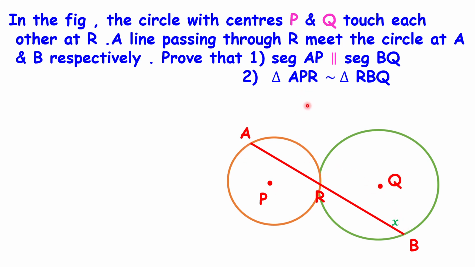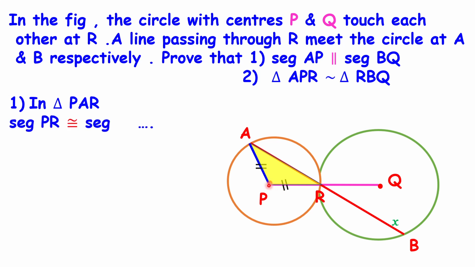Also, triangle PAR is similar to triangle RBQ. Therefore, in triangle PAR, PR and PA are radii of the same circle. We know that radii of the same circle are congruent to each other. Therefore, segment PR is congruent to segment PA because they are radii of the same circle.